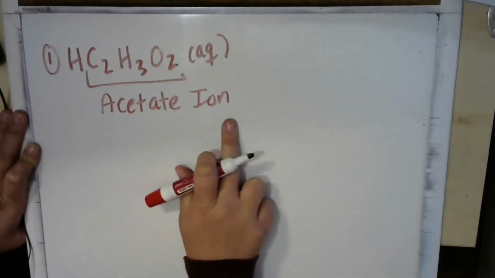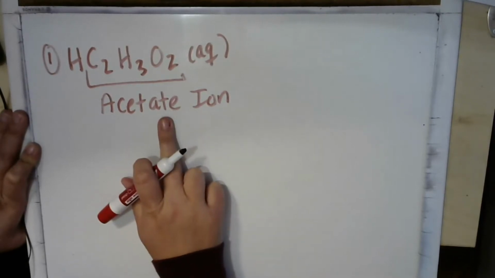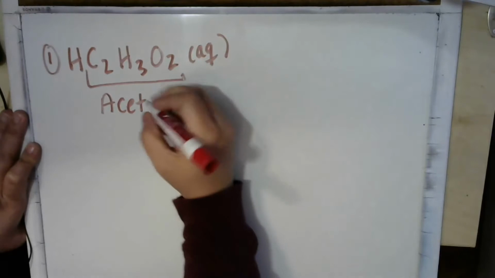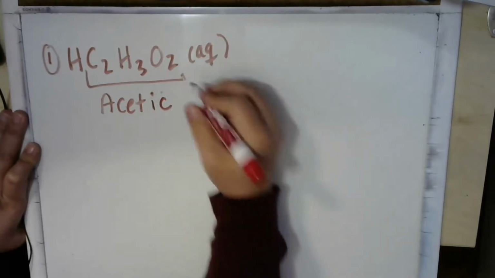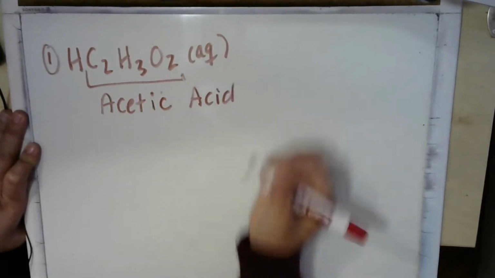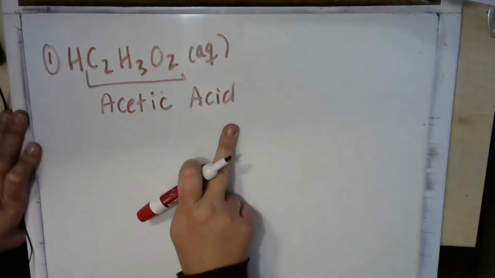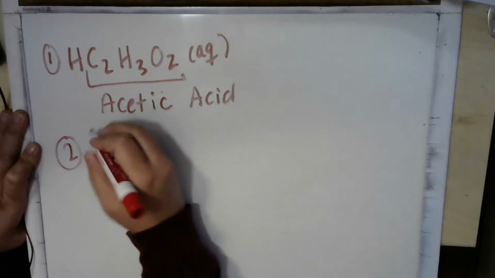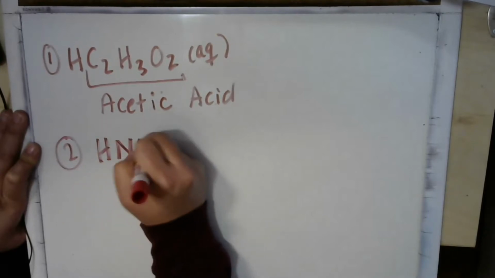Okay, so if I have the acetate ion, I'm going to take this ATE ending, erase it, and replace the ATE with IC and add the word acid. So this is acetic acid. Okay. HNO2.